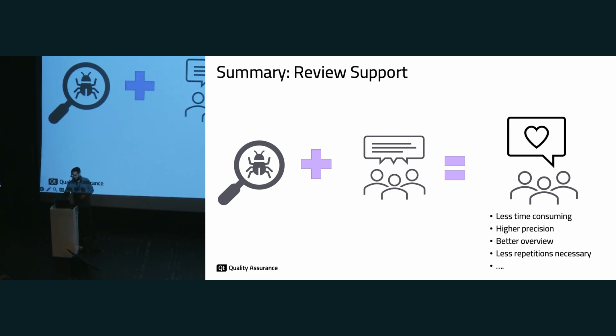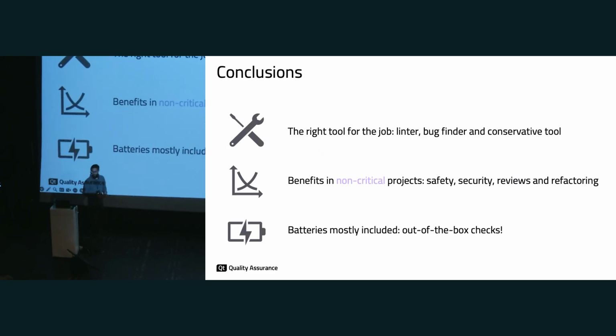Let's summarize then. The right tool for the job is for you to determine: linters, bug fixers, bug finders, or conservative tools. I cannot tell you; it might depend on your project and your properties. There are benefits also in non-critical projects. All of the benefits I've mentioned can be there, and the batteries are mostly included.